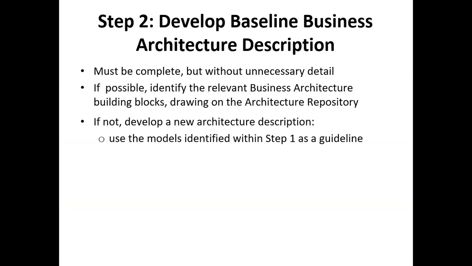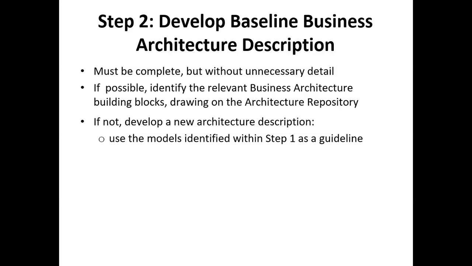Next, step number 2 in B, C, and D. What is step number 2? It's develop the baseline business architecture description. Baseline is basically the current state of the client. Where do you stand right now?